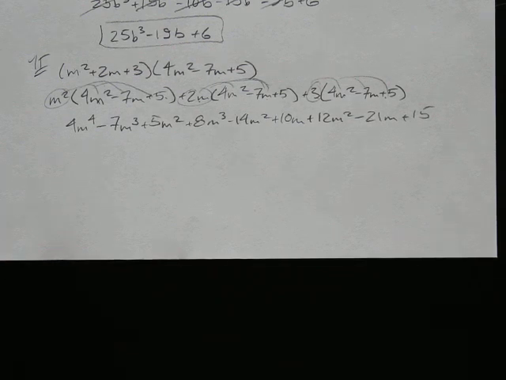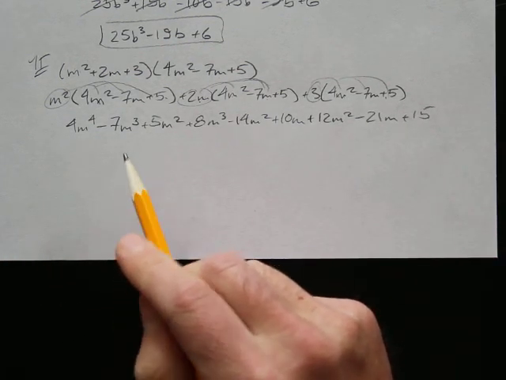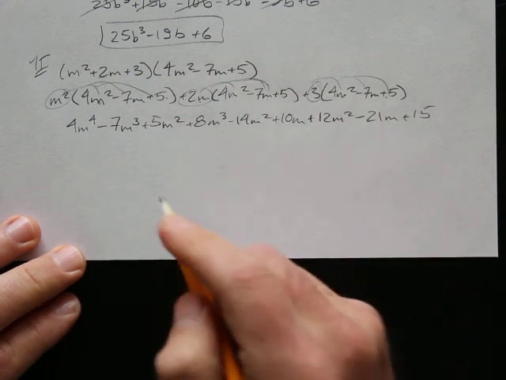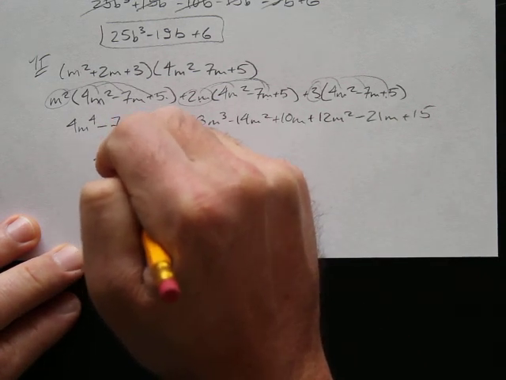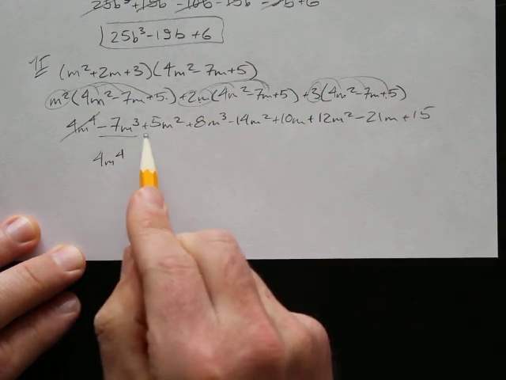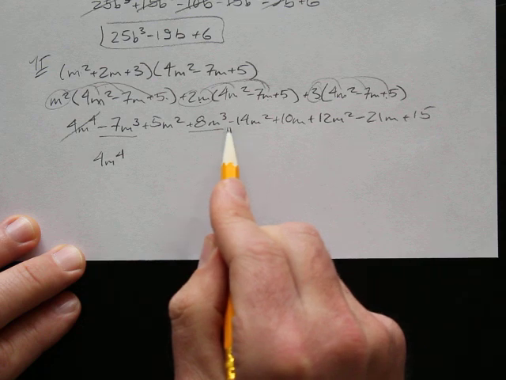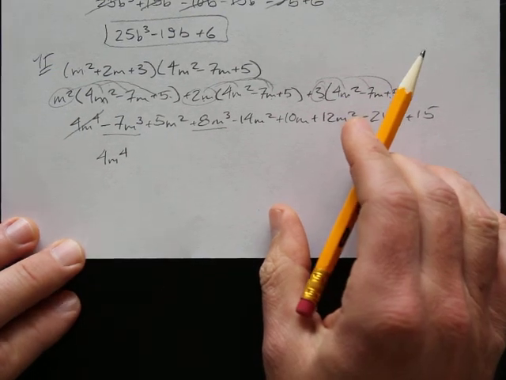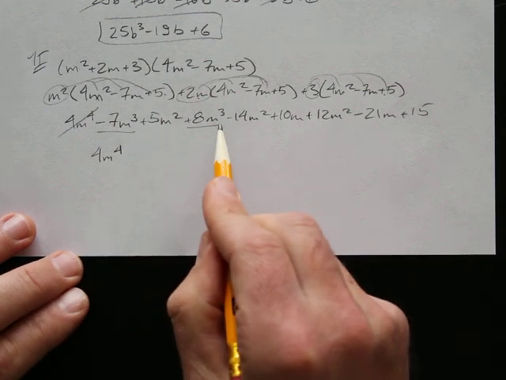Okay, let's combine some like terms. Okay, so I've got m to the fourth power. I don't see any other m to the fourth powers, so I'm going to write that one down. M to the third, I've got negative 7m to the third, positive 8m to the third, and those are the only powers of 3 there.